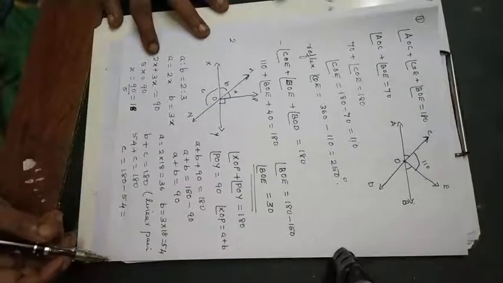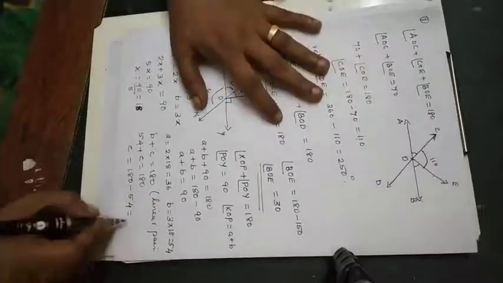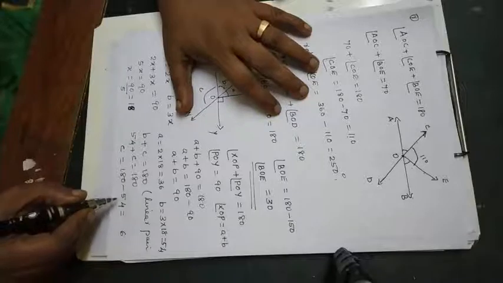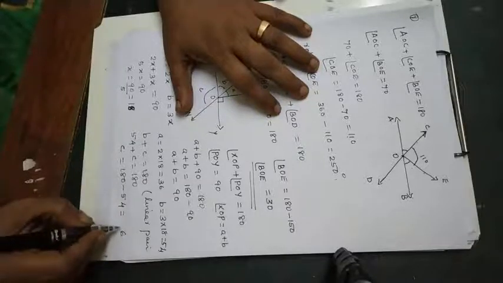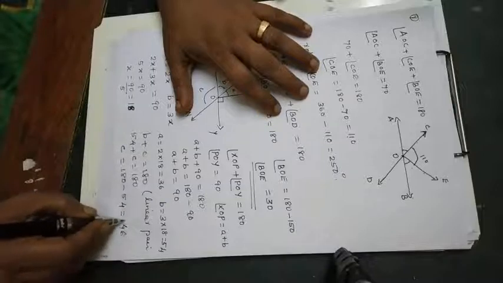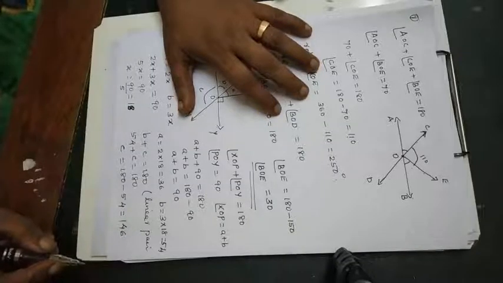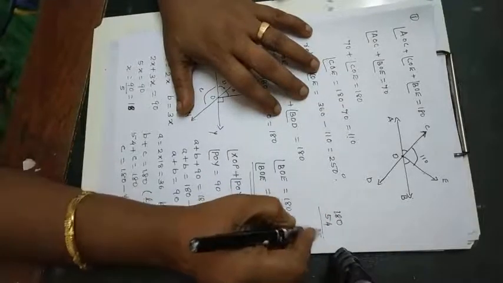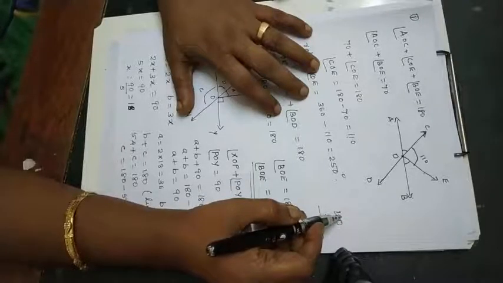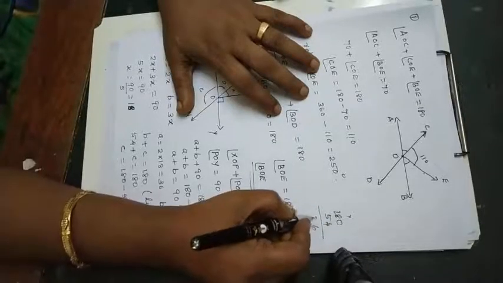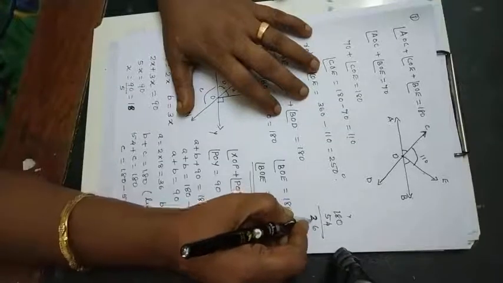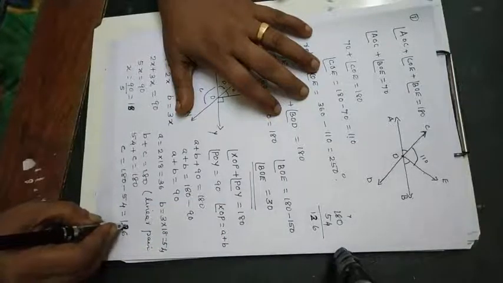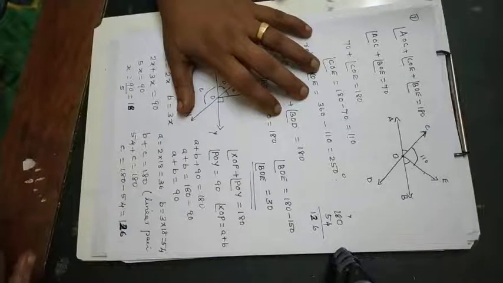So 180 minus 54, so 126 you will get. C is 126.